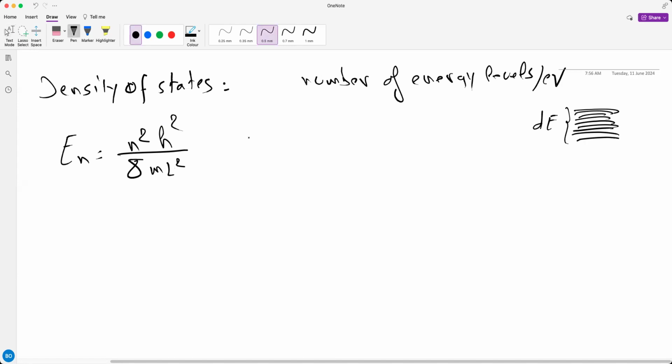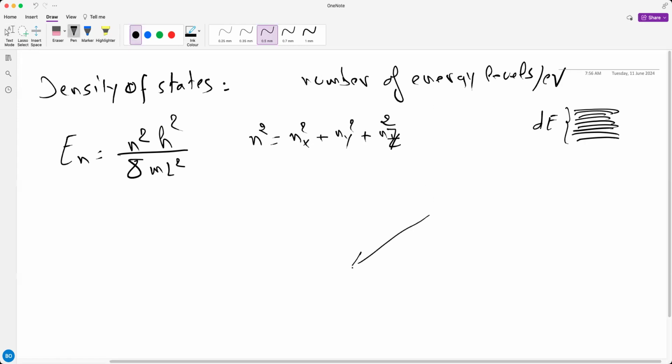In 3 dimensions, n squared is equal to nx squared plus ny squared plus nz squared, the quantization along x, y, and z.